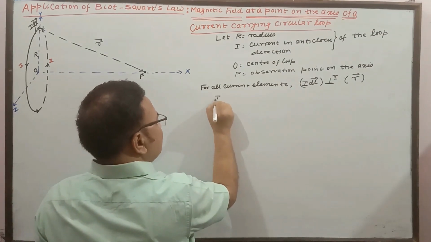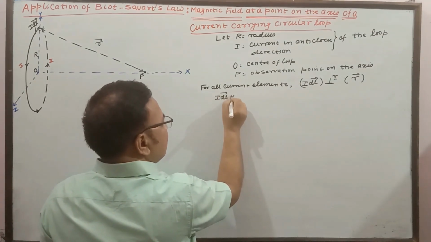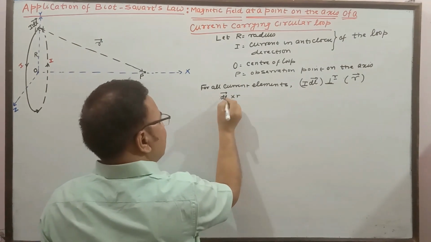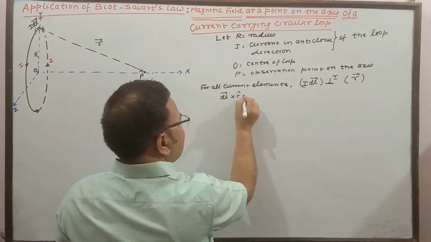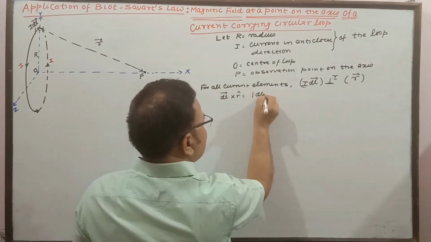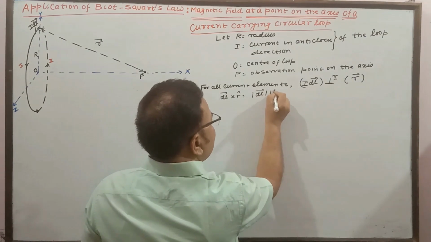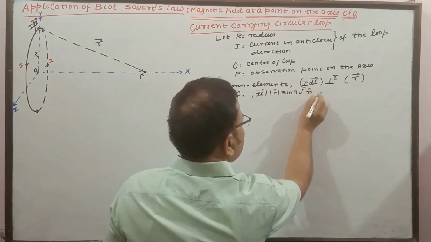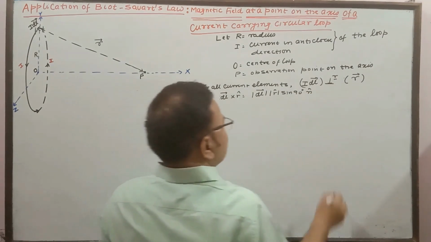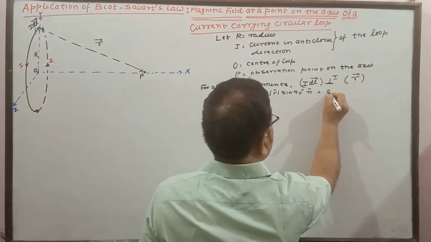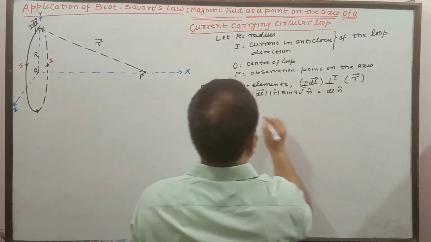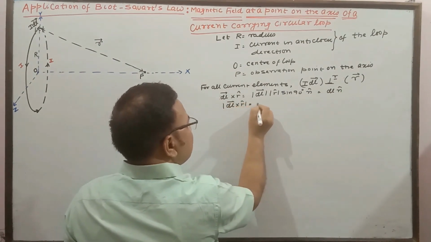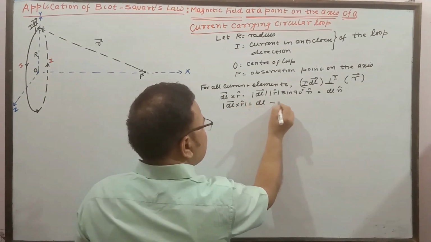Then if we find dl cross r, it will be equal to mod of dl into mod of r into sine 90 degrees into unit vector n. As far as magnitude is concerned, mod of dl cross r is simply dl times r. This is equation number 1.